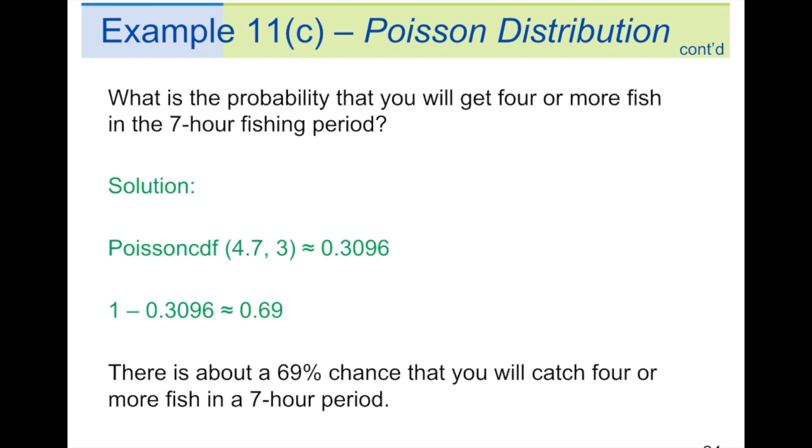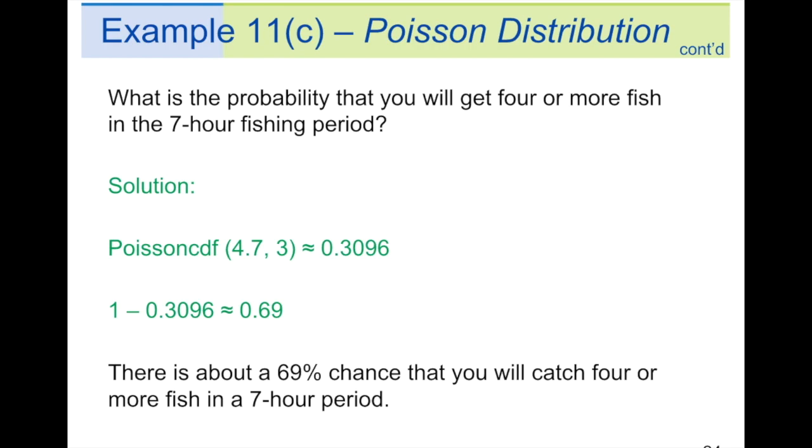What is the probability that you will get 4 or more fish in the 7-hour fishing period? Well, we found 0, 1, 2, or 3 fish. So we want 4 or more fish. There are a couple different ways to do this. One is to take the probabilities we just found, add those up, and then do 1 minus that.